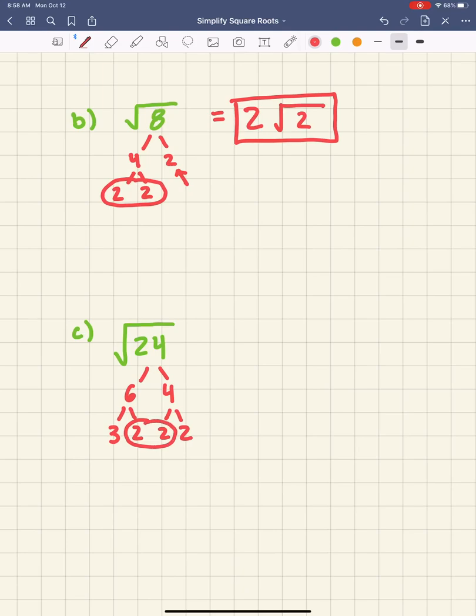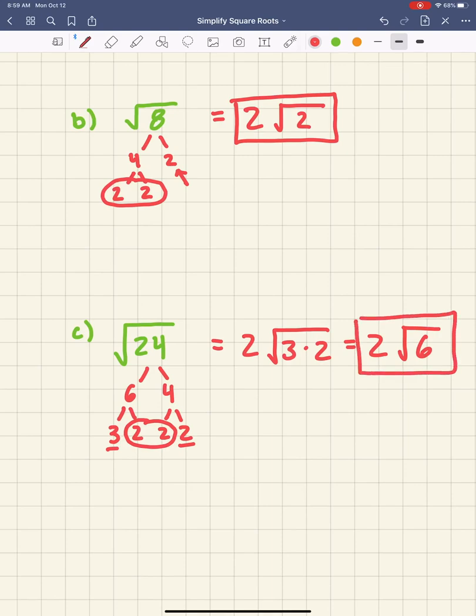It doesn't matter which 2 I circle. The pair of 2's, they get married, they move outside of the radical house, but we have some singles left over that have to go back into the radical, back into the square root. So we have a 3 and we have a 2. Those are left over, and we're going to multiply them together inside of that radical there. And so then my final answer would end up being 2 times the square root of 6.